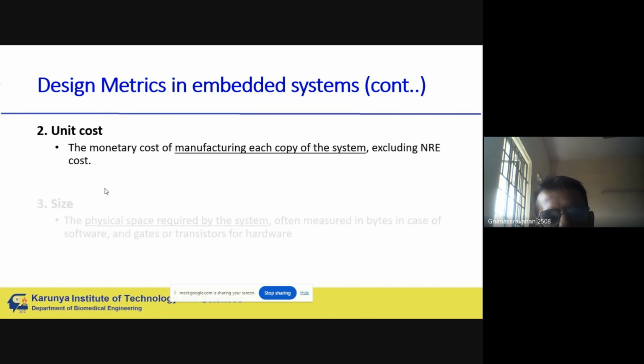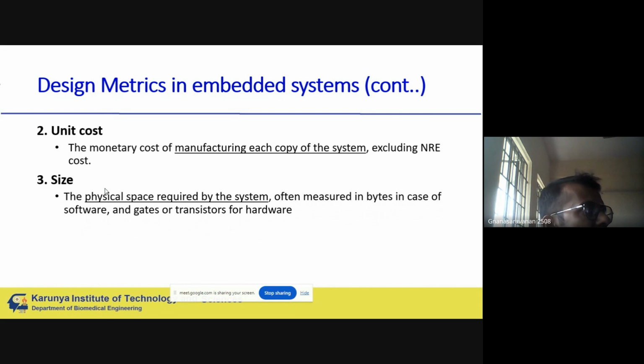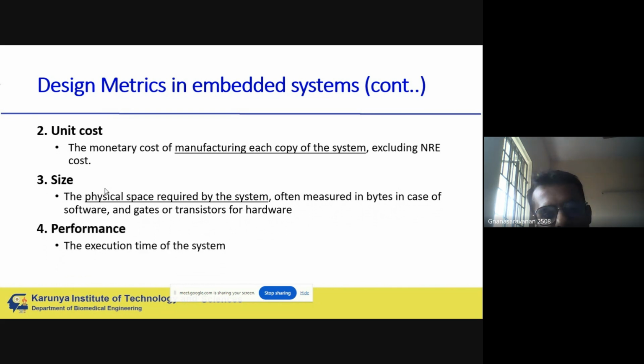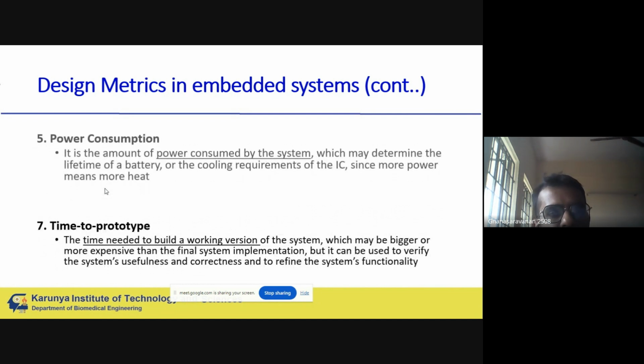Then it is about the size. Size doesn't mean only the physical size of the unit, but also the memory size, etc. Then performance. We also need to evaluate the execution time, the memory fetch, and all these things.